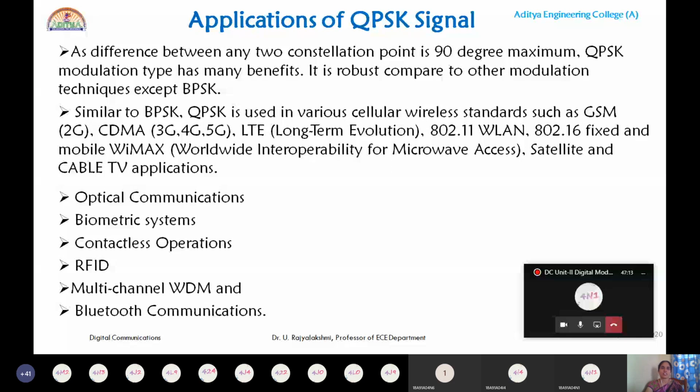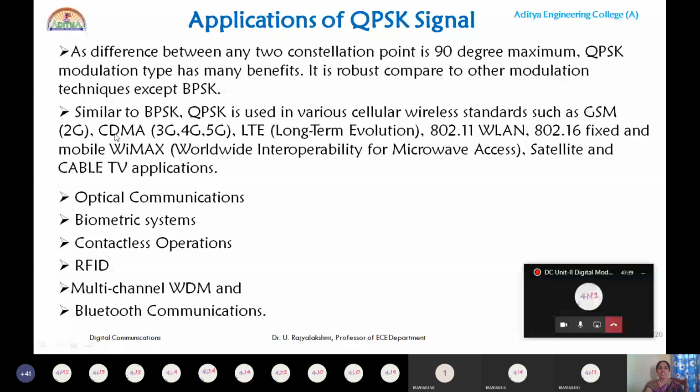Next, similar to BPSK, QPSK is used in various cellular wireless standards, such as the Global System for Mobile communication. Generally, this GSM standard is used in 2G mobile communications, and CDMA, that is code division multiple access, is a multiple access technique used in 3G, 4G and 5G applications.